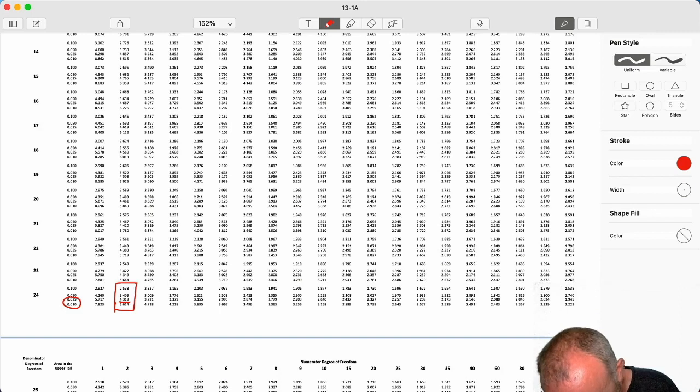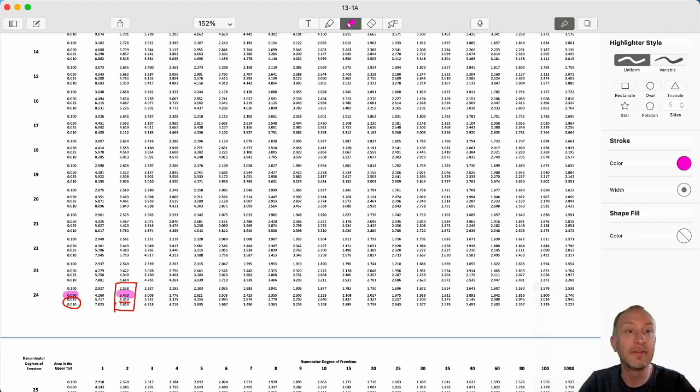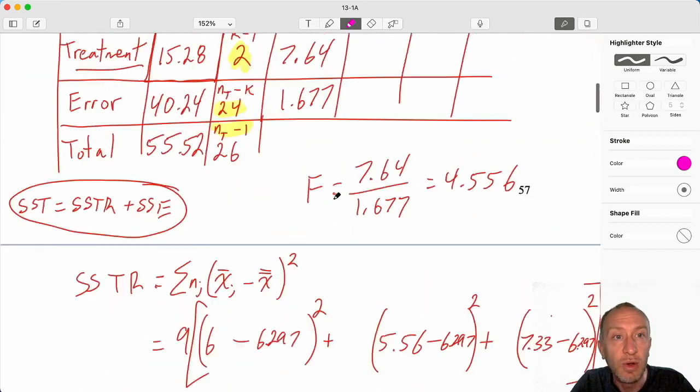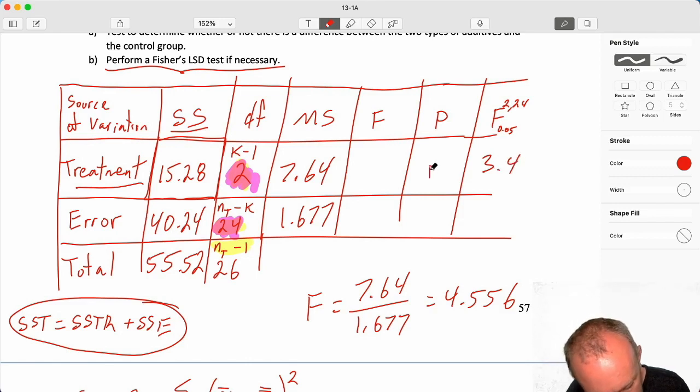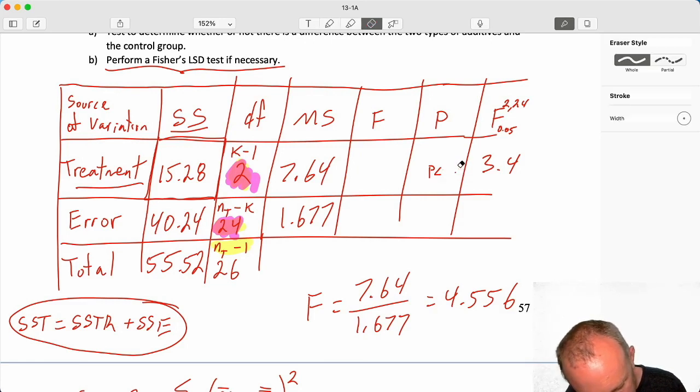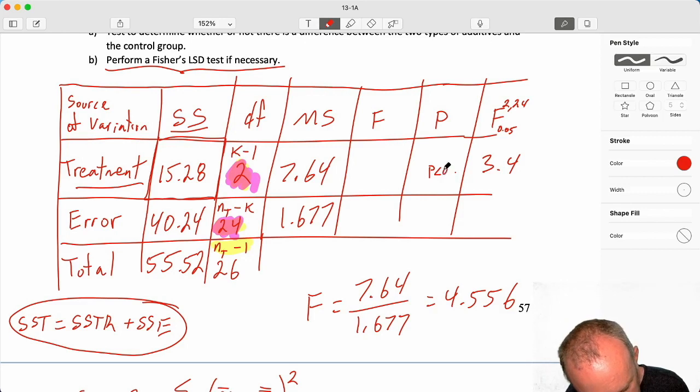It also allows us to find our critical value at 0.05 is 3.4. So let's go back up to our ANOVA. I have my critical value is 3.4, and my p-value is less than 0.025, greater than 0.01.